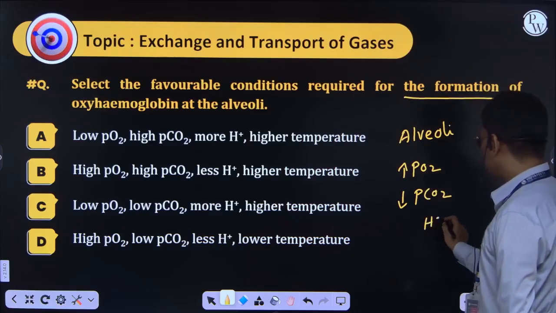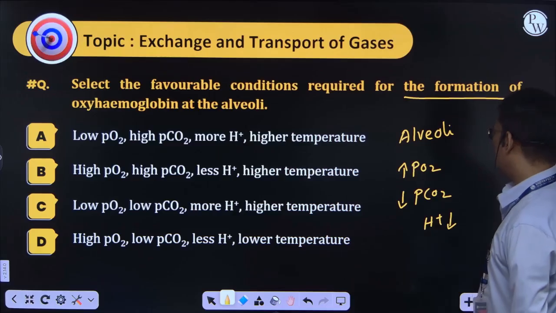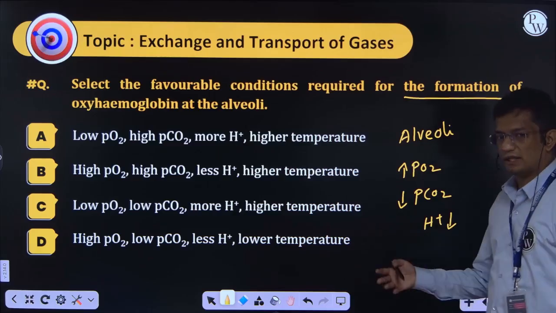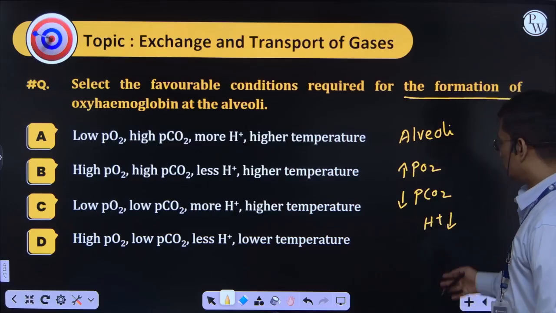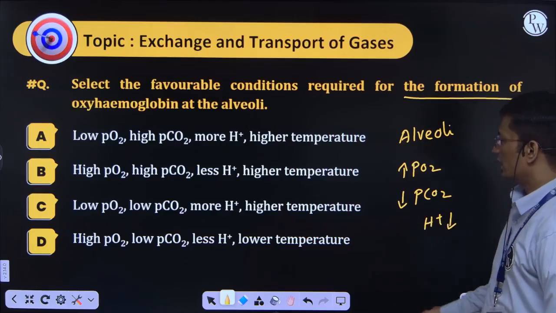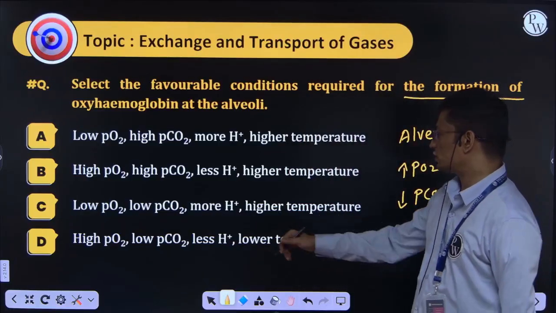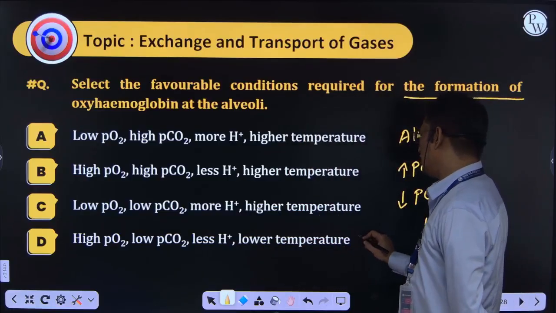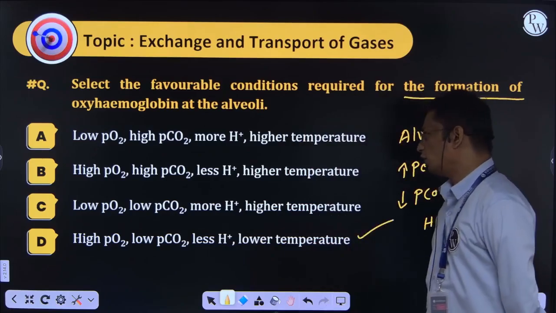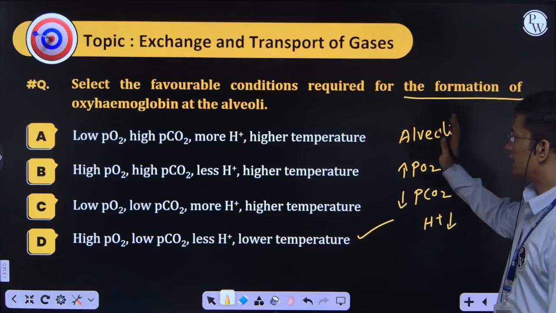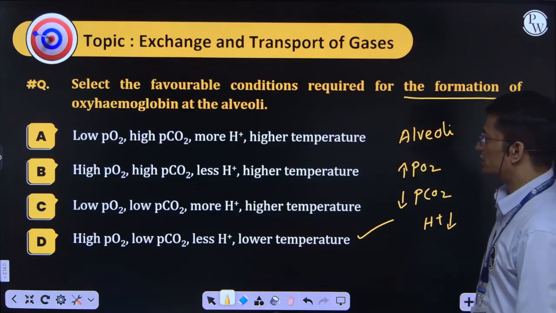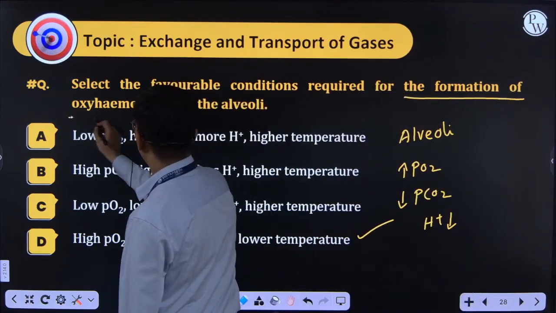Hydrogen ion concentration also will be less, because hydrogen ion is formed by dissociation of bicarbonate. So here the option is high partial pressure of oxygen, low partial pressure of carbon dioxide, less hydrogen and lower temperature. This is the required condition for the formation of oxyhemoglobin.